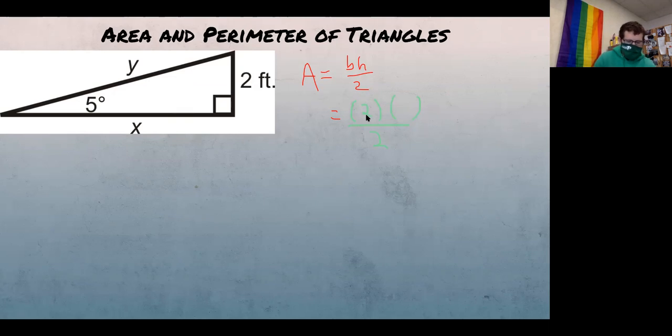Trigonometry. All right. Here's our reference angle. Someone can label our sides, hypotenuse, opposite, and adjacent.